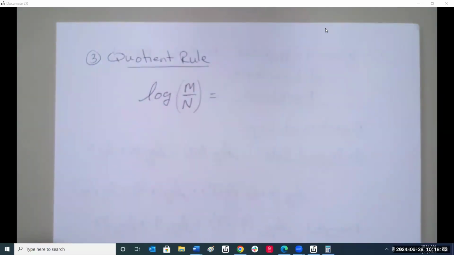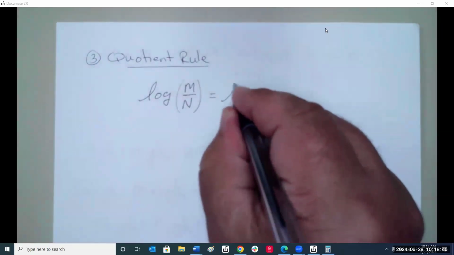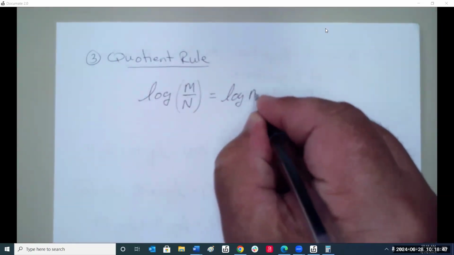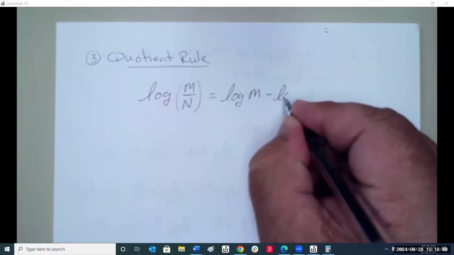When you divide things, you make them smaller. So that's why this one is going to be the minus.